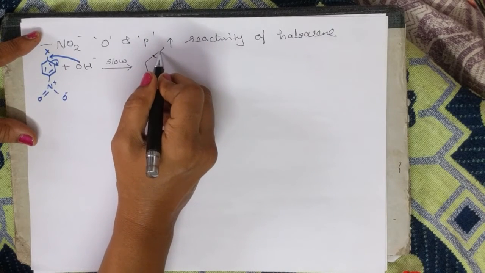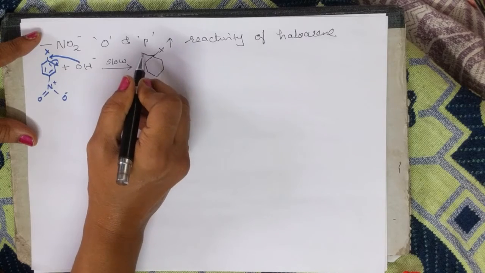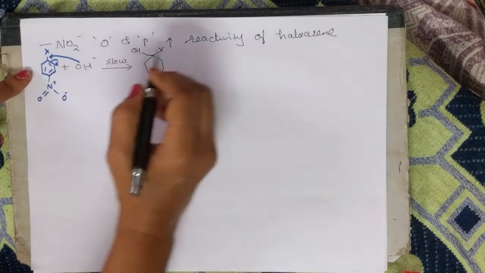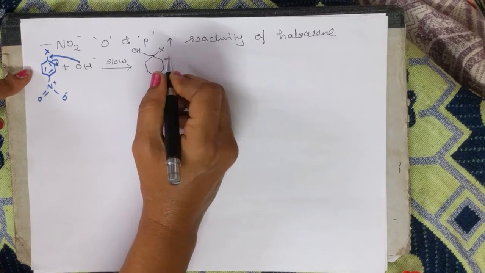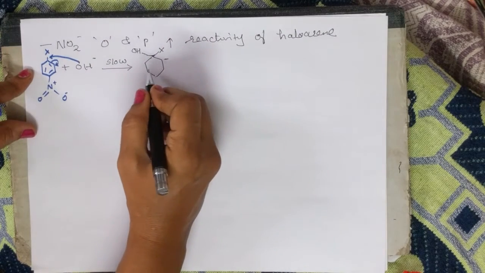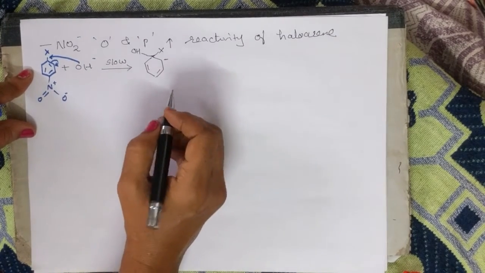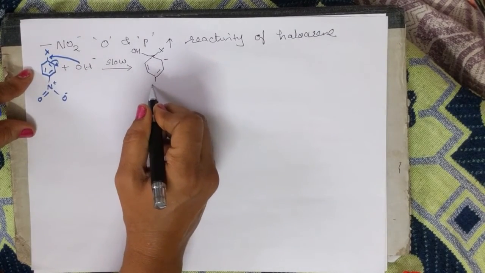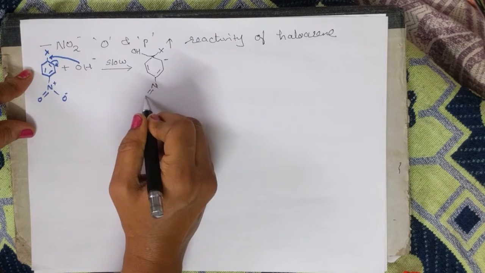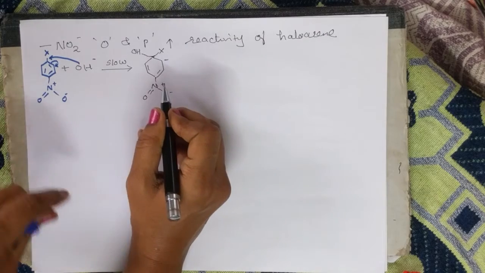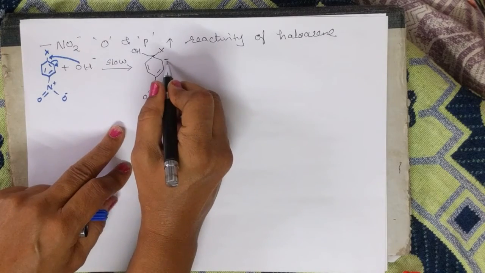Here you have X also and OH also. Now this bond breaks, so here it is with the minus sign, and this NO2, N double bond O minus, and here it is a plus charge. Now again what happens?